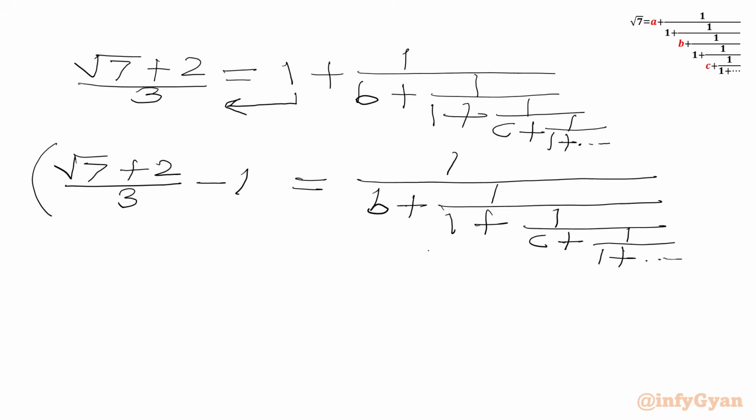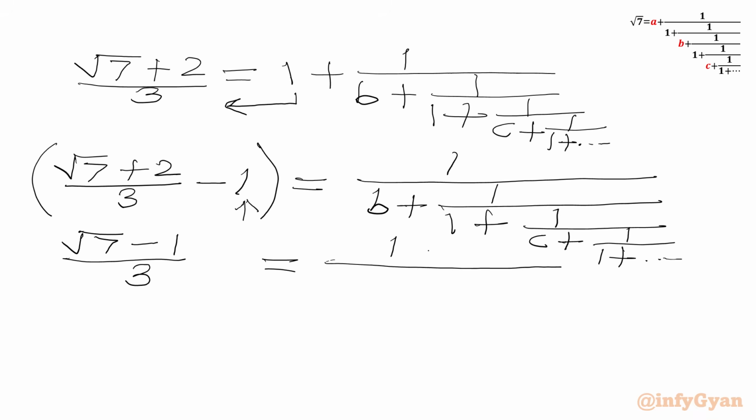Now we have to simplify our left hand side. This 1 can be written as 3 over 3. So we will write square root 7 plus 2 minus 3 in the numerator, which is equal to square root 7 minus 1. And in the denominator there will be 3. In RHS we will write 1 over b plus 1 over 1 plus 1 over c plus 1 over 1 plus up to infinity.